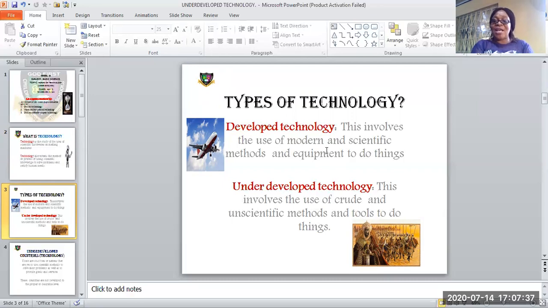Don't forget the word scientific. Most modern things have a scientific base. So it involves scientific methods, scientific machines, scientific equipment to do things.